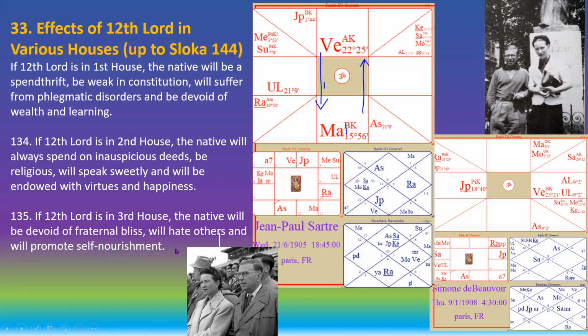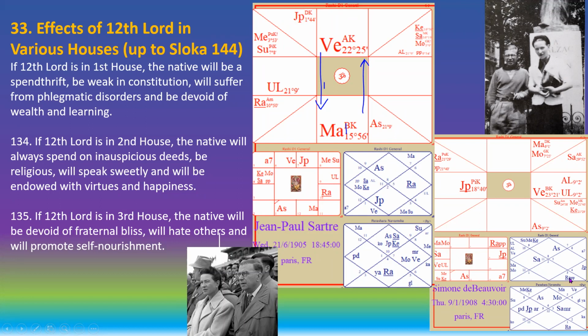Now, this is quite specific. Will hate others. Simone de Beauvoir was this absolutely ultimate feminist. Her book, The Second Sex, was absolutely famous, and she had an open relationship with Jean-Paul Sartre.